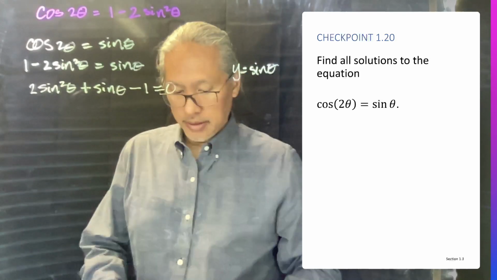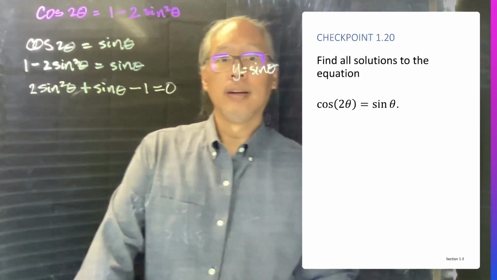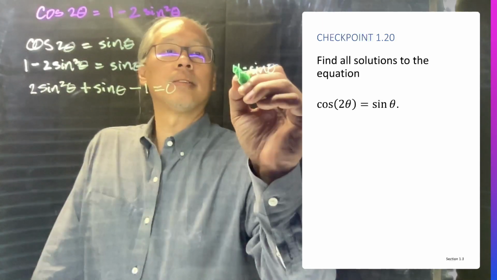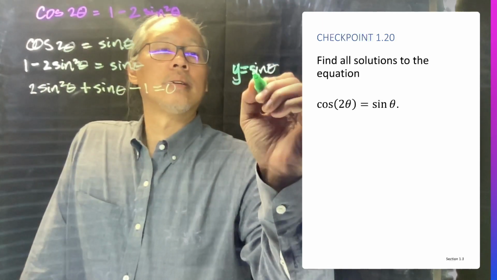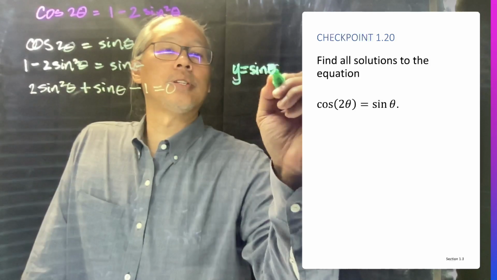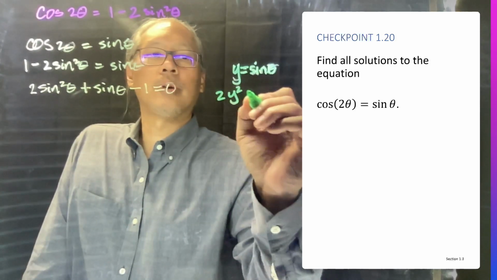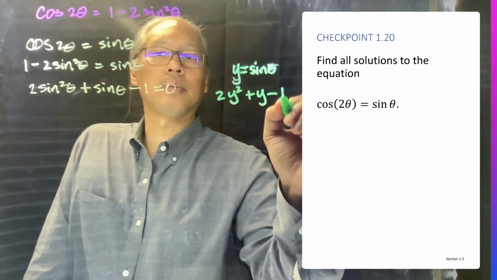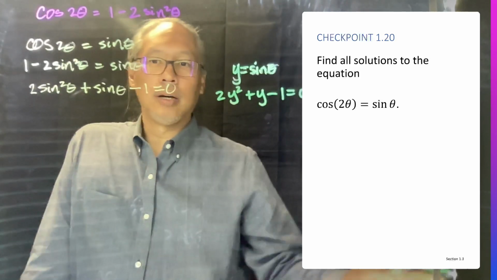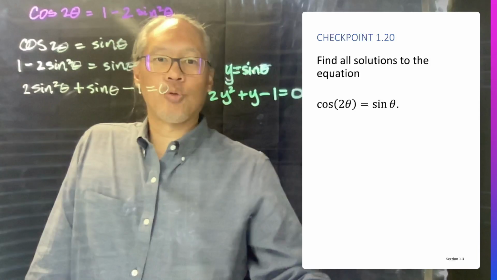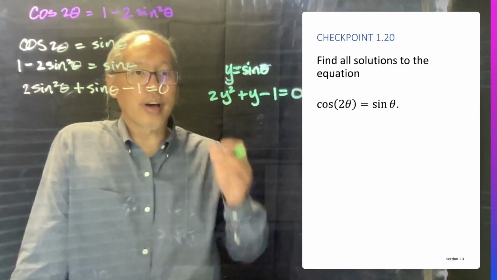So why don't we take it from here, and let's say we do this temporary substitution, and then we will get 2y squared plus y minus 1 equals 0.